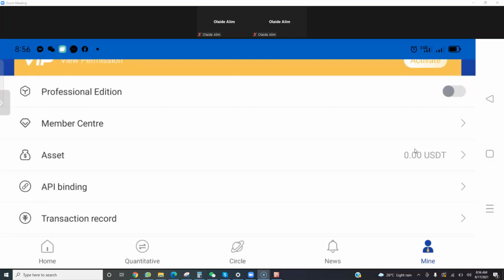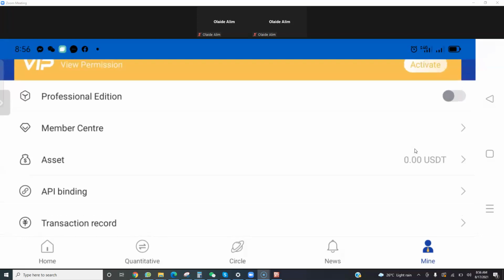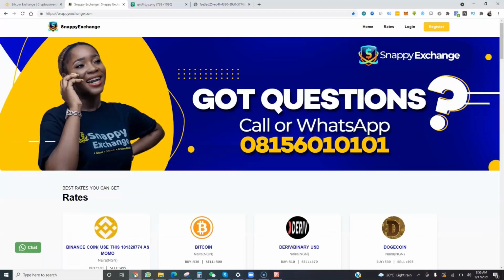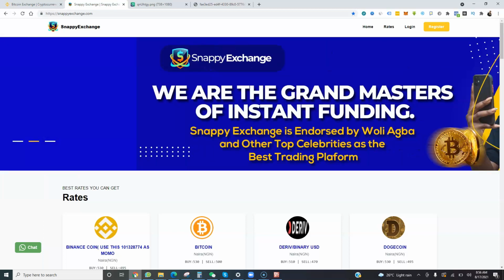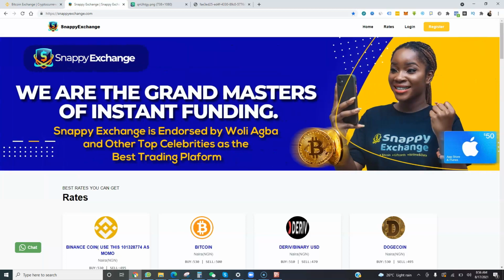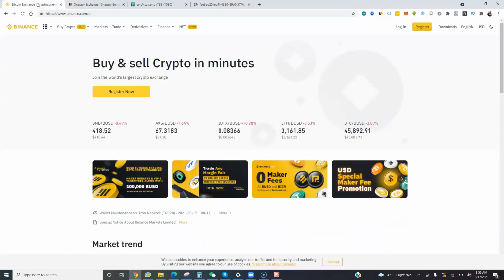You can just go to Binance and exchange it back to Naira. You can make use of Snappy Exchange to exchange it back to Naira. You can sell it to Snappy Exchange. You can buy USDT on Snappy Exchange as well. You can as well sell it, and you can as well buy USDT on Binance too.